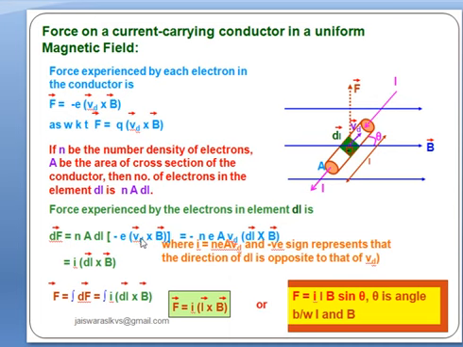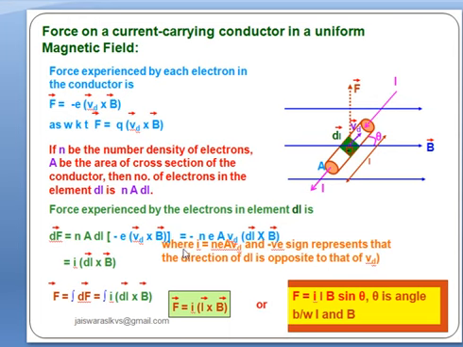So we can take v_d and e outside, and dl we can take inside, so it becomes dF = -neAv_d (dl × B).